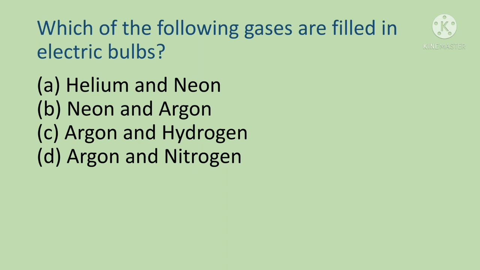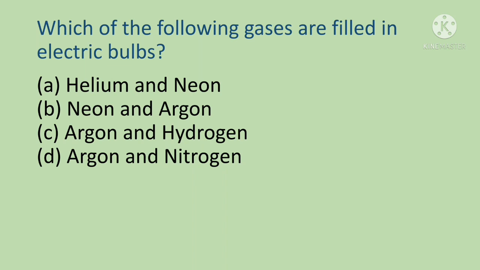And the next question is like this: which of the following gases are filled in electrical bulbs? Actually, certain gases are filled to increase the lifespan of the bulbs in olden days for incandescent bulbs. Understand? Option A, helium and neon. Option B, neon and argon.